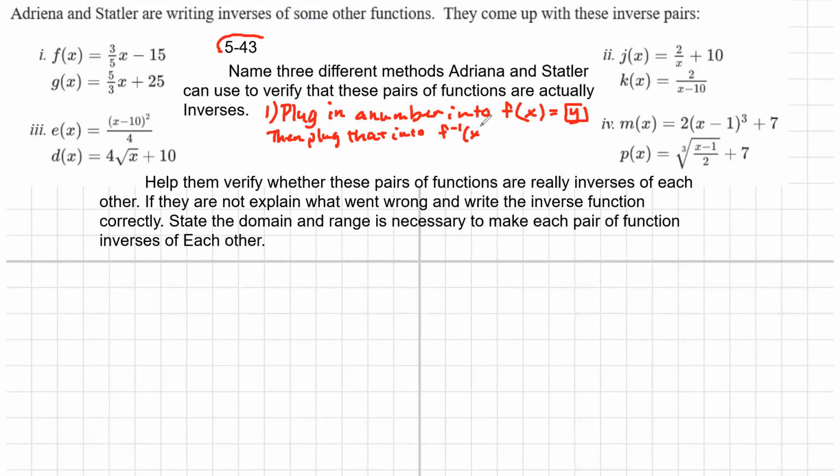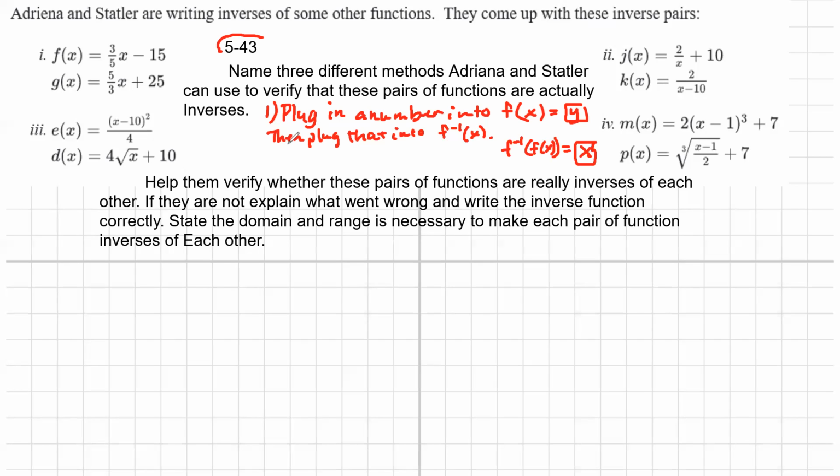So we're doing essentially f inverse of f of x, and we should get whatever we started with back. It should equal x. So if I plug in a 3 into f of 3, and let's say I get 5, and then I plug in 5 into the inverse function, I should get 3 back. Unless the domains need to be restricted, which is going to happen with some of these problems.